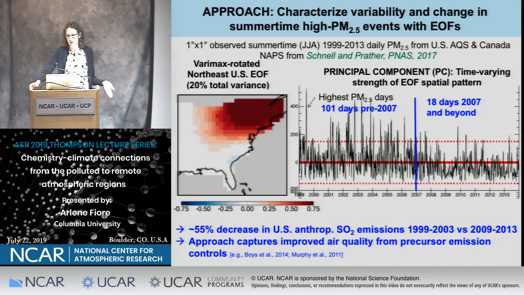SO2 is a precursor gas to sulfate aerosol, which is one of the dominant components of PM 2.5 in the Northeast US. So this was our proof of concept that our approach can capture this change in these high PM 2.5 events from the observational record. As I said, the result itself isn't new. It's been published before that there's been this decline in both PM and ozone as well.